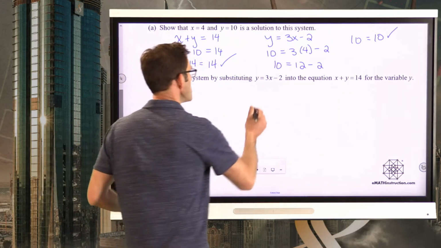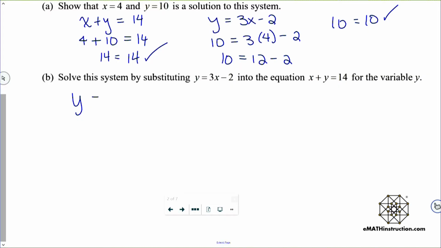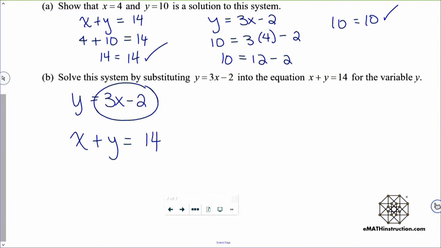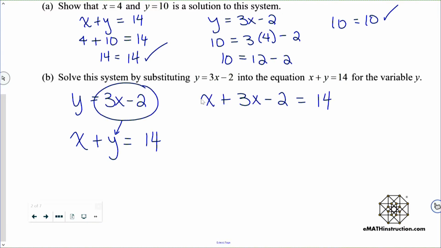So literally what substitution says is, let me take my two equations and just rewrite them so you see them nice and big. I can take this 3x minus 2 and substitute it in for that y. So when I do that, I get x plus 3x minus 2 is equal to 14.